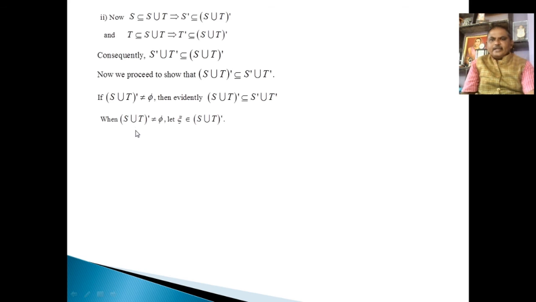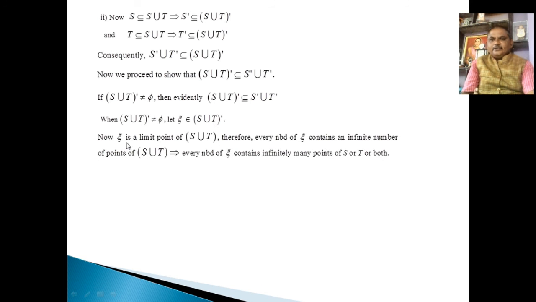Suppose that this set is not equal to phi, then let zeta belong to this set. Zeta belongs to the derived set. Now zeta is a limit point of this set. Therefore, every neighborhood of zeta contains an infinite number of points of the set S union T. This implies every neighborhood of zeta contains infinitely many points of S or T or both.